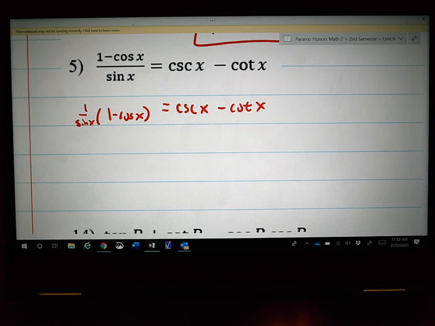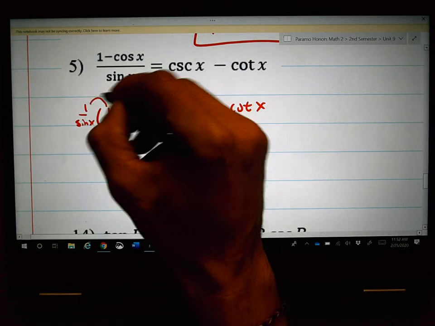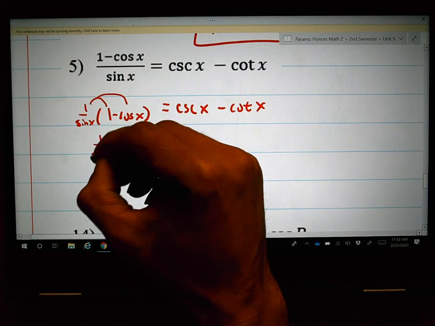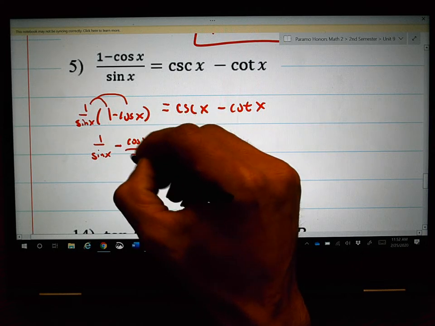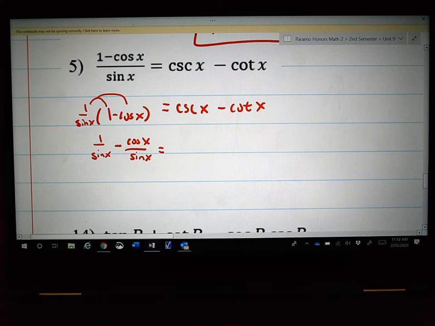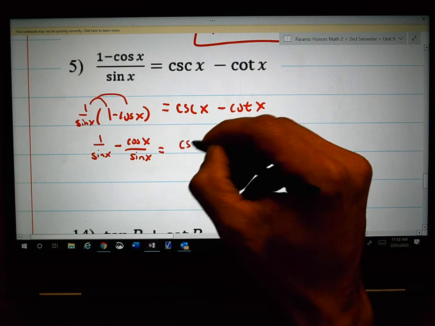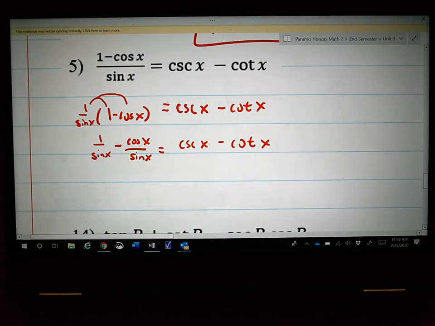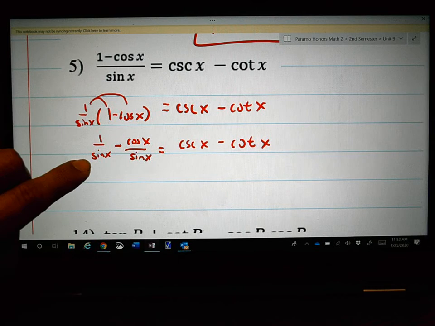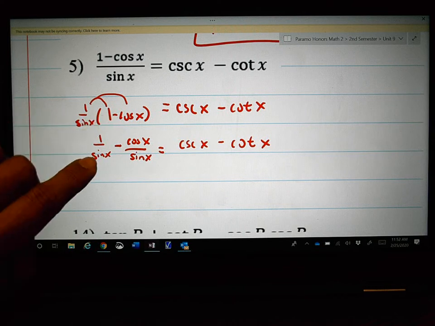Now I'm going to distribute this to here and to here. And some of you may not see it yet, but look at what we did. By taking the 1 and dividing it by sine of x, or multiplying right here, I know what this is equal to.